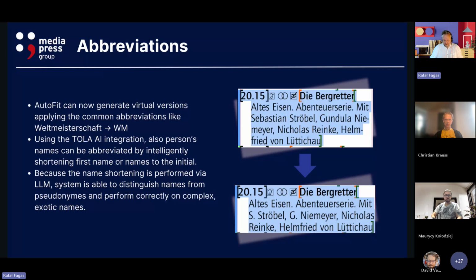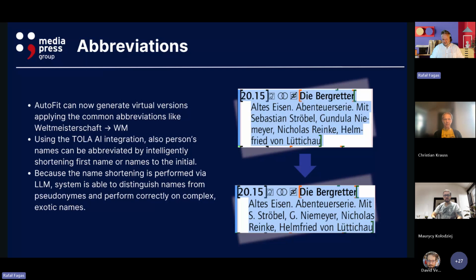We can get common abbreviations, for example, changing Weltmeisterschaft to WM. So if there is a need for AutoFit to generate a shorter version, because we are talking here about generating these new virtual on-the-fly versions of the records, this is one thing that AutoFit can do now.